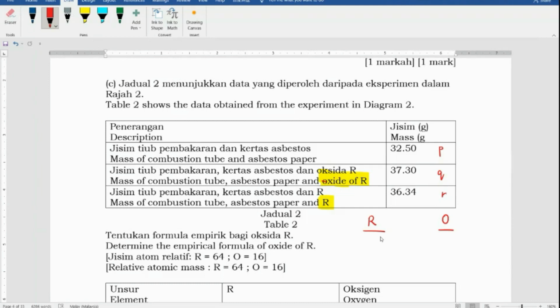Anyone know? Q minus R? Q minus R can get the R?